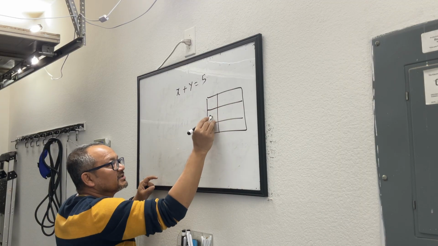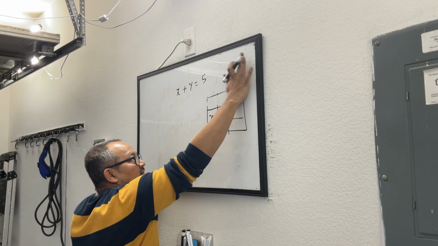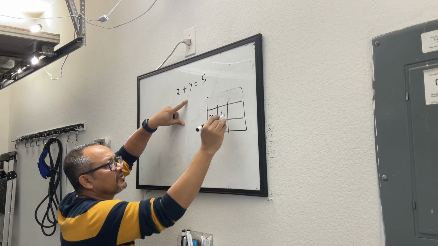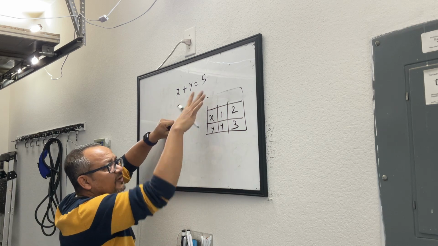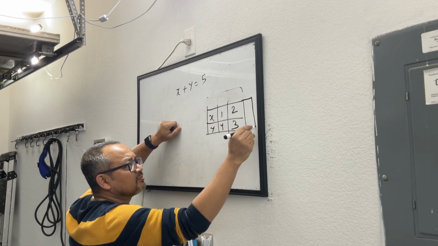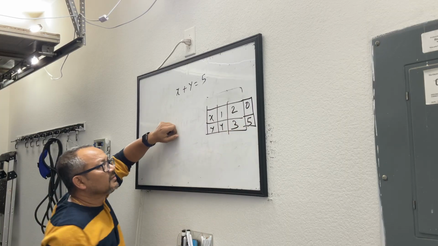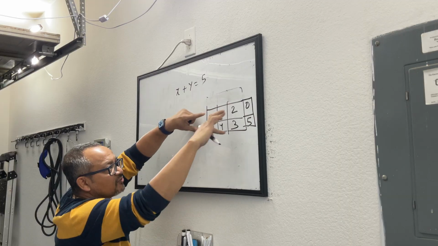When x is 1, y is 4. When x is 2, y is 3. They are adding up to become 5. If you want to play with it more, when x is 0, y is 5. So now you have different combinations of x and y values.